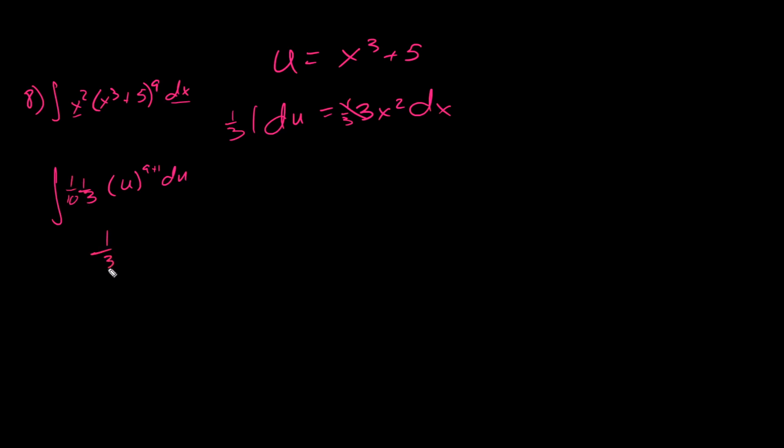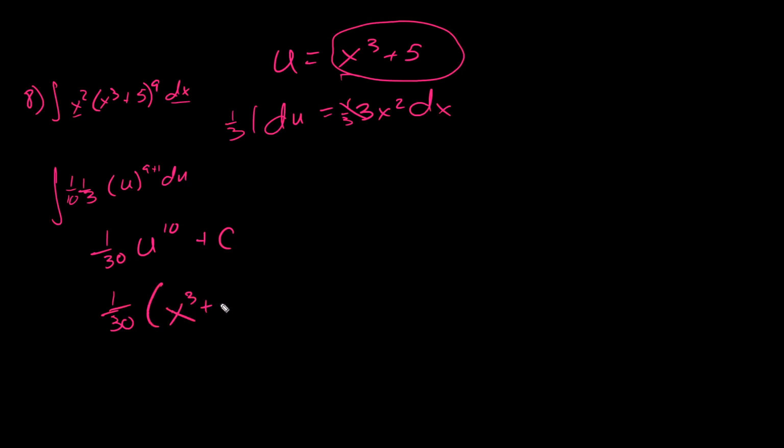Gives you 1/30 u to the 10th plus c. Don't forget to add the constant. Now, again, we don't want this. We want to put this back in for it. So what we really get is 1/30 (x cubed plus 5) to the 10th power plus c. And we're done.